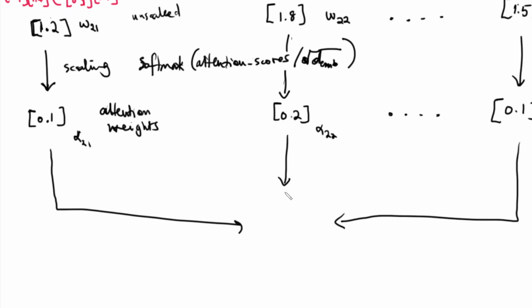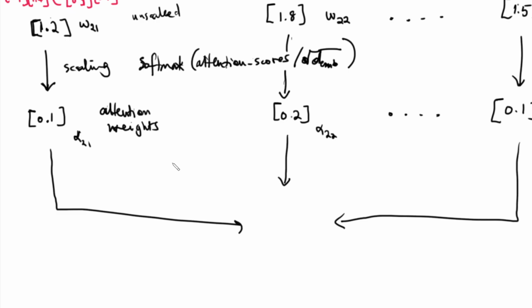To compute our context vector, we are going to use these attention weights, because they serve as a weighting factor that weighs the respective importance of each value vector. That's the difference. Previously, our attention weights were applied on the actual inputs themselves, but now we are applying the attention weights on the value vectors.